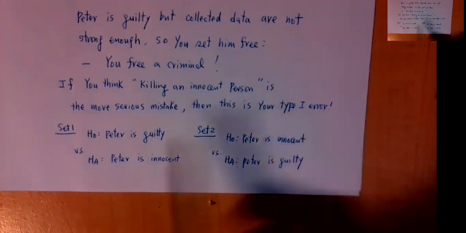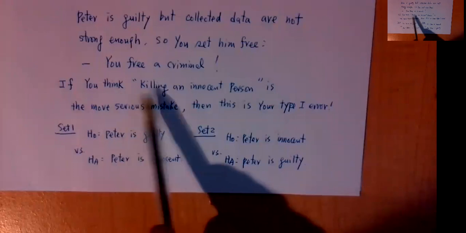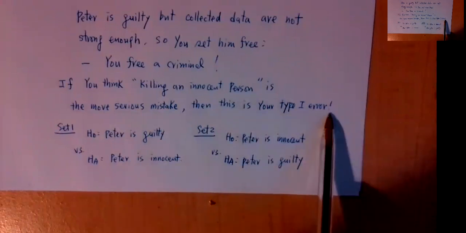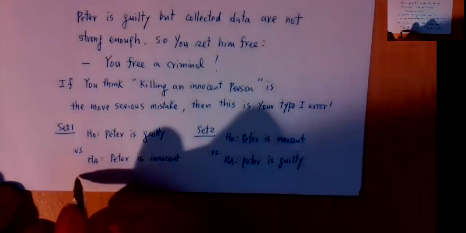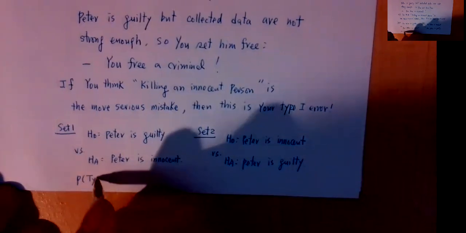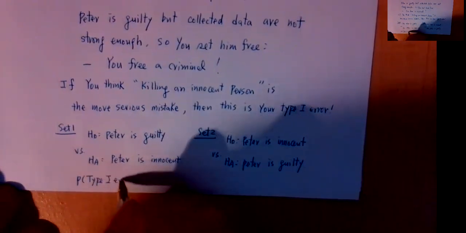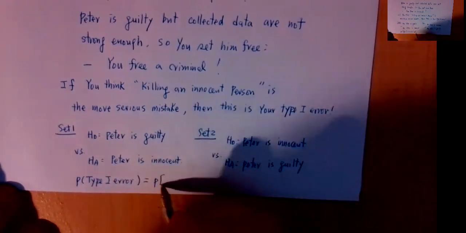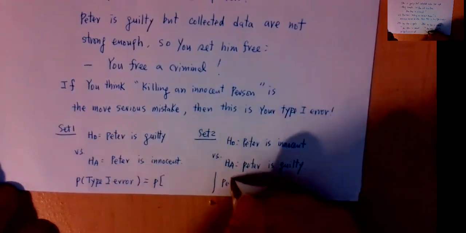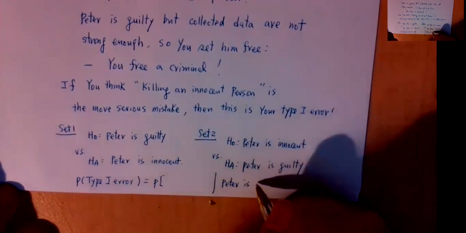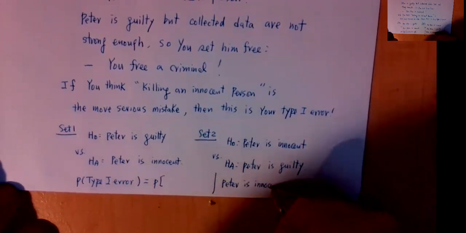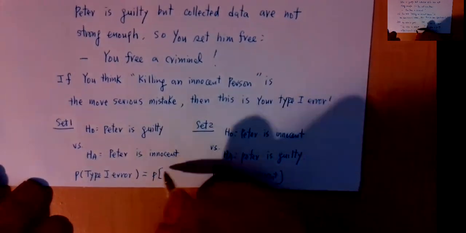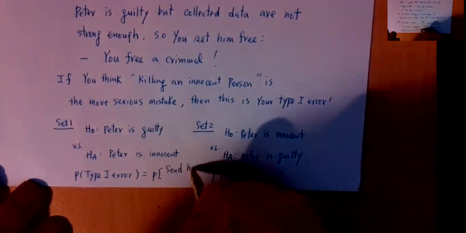Okay, so let's look here. If you think killing an innocent person is a more serious mistake, then this is your type 1 error. Remember what alpha is? What's the probability of making a type 1 error? Your type 1 error is the probability that when Peter is innocent, and you don't believe he's innocent, you still send him to the electric chair.